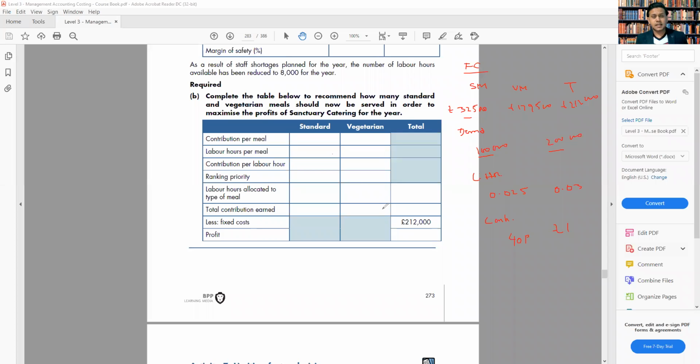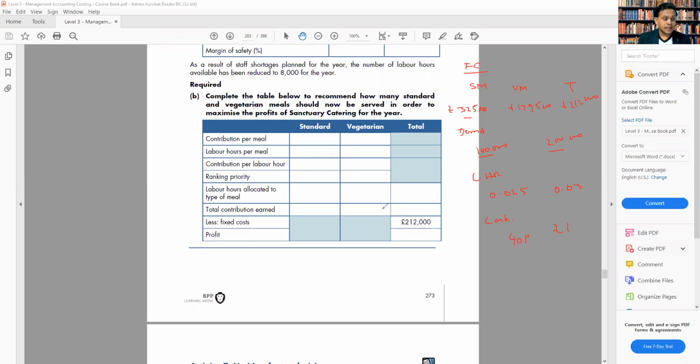So as you have a limited number of hours, what will be the best solution to make the meals by using the 8,000 hours?